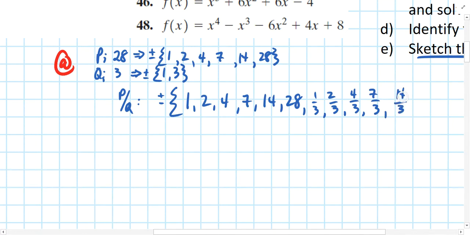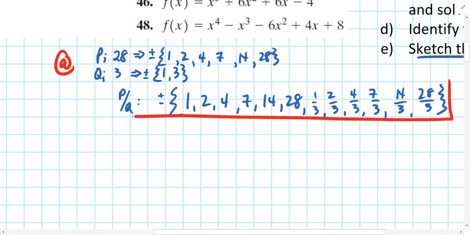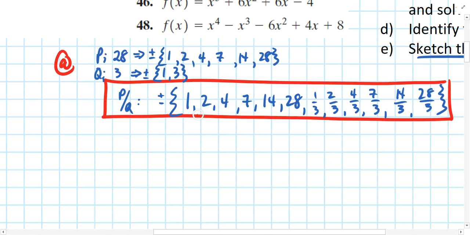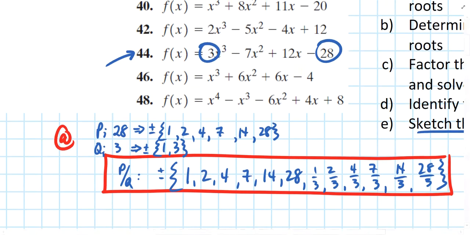Even if it could, we would check to see if that's a repeated result. And then finally, 28/3. So now this list satisfies question A. All the potential rational roots exist within this list. If there are any rational numbers that will solve this original polynomial, that is, make the polynomial equal to 0, they will exist somewhere in this list.